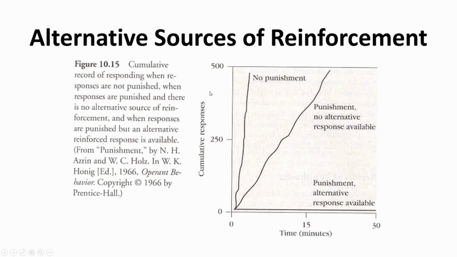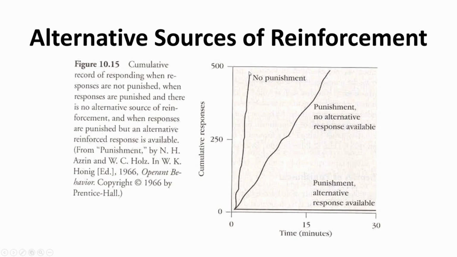So our usual setup here: cumulative responses, so how much they're doing that behavior, and then time. We can use an example of, say, a rat in a box and there are two levers. If there is no punishment, they're going to push the levers pretty much independently. So lots of responding, no detriment to responding.